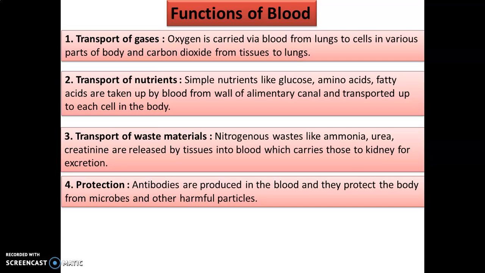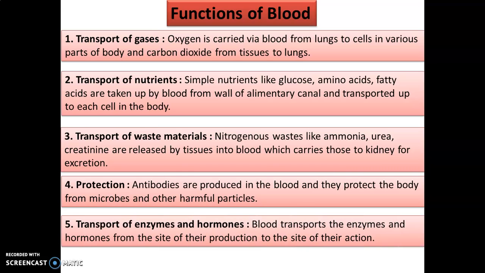Then protection. Antibodies are produced in the blood and they protect the body from microbes and other harmful particles. We studied that white blood corpuscles are our soldiers. Then transport of enzymes and hormones. Blood transports the enzymes and hormones from the site of their production to the site of their action.